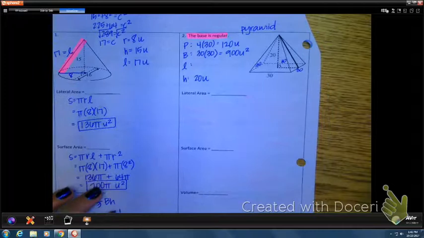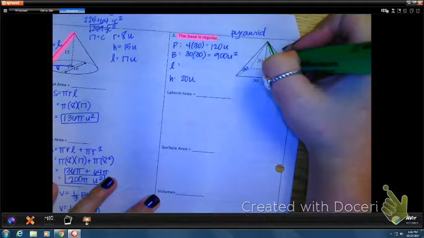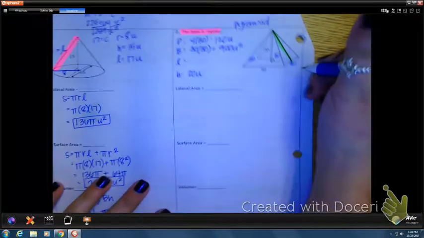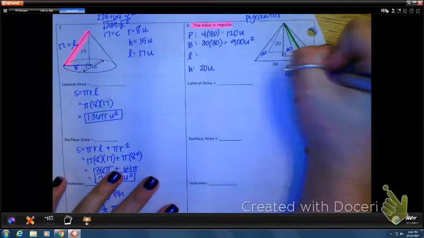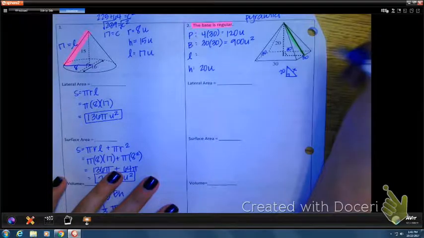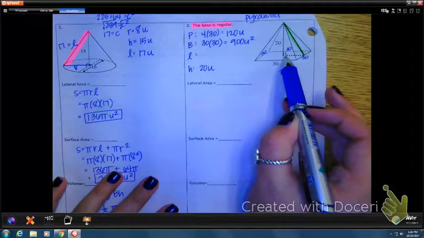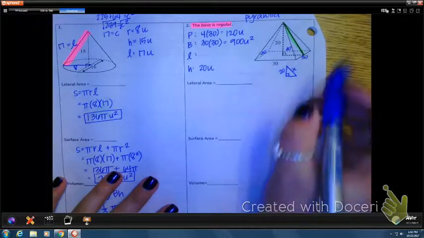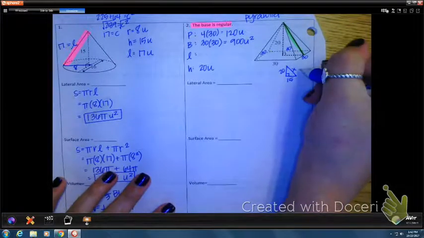Okay, again, to find our slant height, going to have to use Pythagorean theorem. Okay, if it makes it easier, draw out what your triangle looks like so that you know what to solve for. So we have a height of 20. This is our unknown. And then our other leg length is going to be half of the length of our base. So half of 30 is going to be 15. Okay, and I'm solving for a hypotenuse.